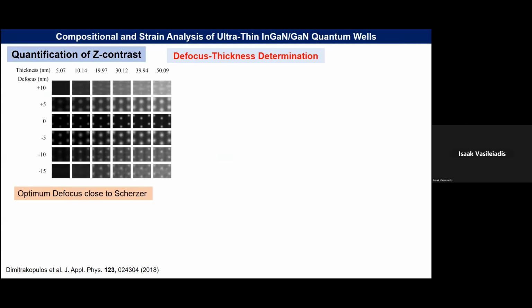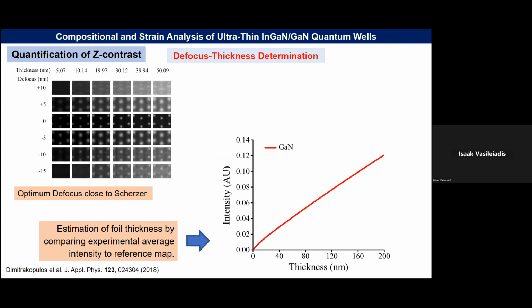So you have to perform image simulations and find the proper imaging conditions, and then again with image simulations, we can determine the intensity behavior of the pure gallium nitride by changing the thickness. We can have now the capability to find the thickness by simply knowing the intensity of the purely GaN regions.